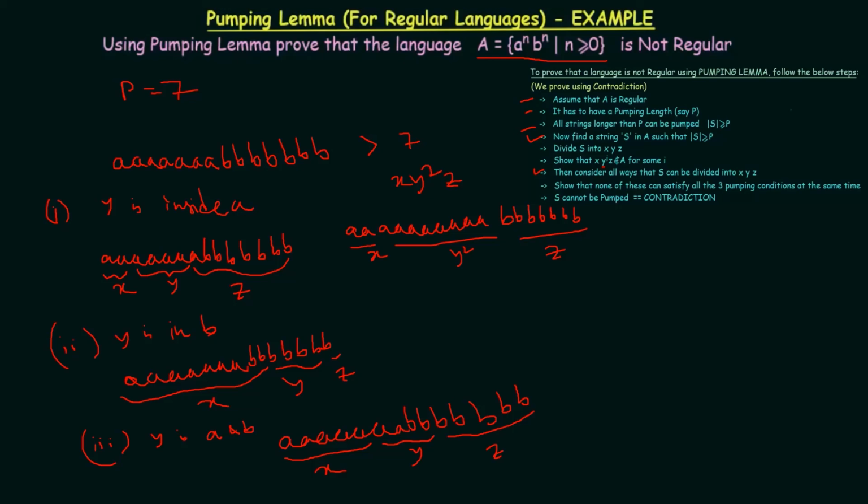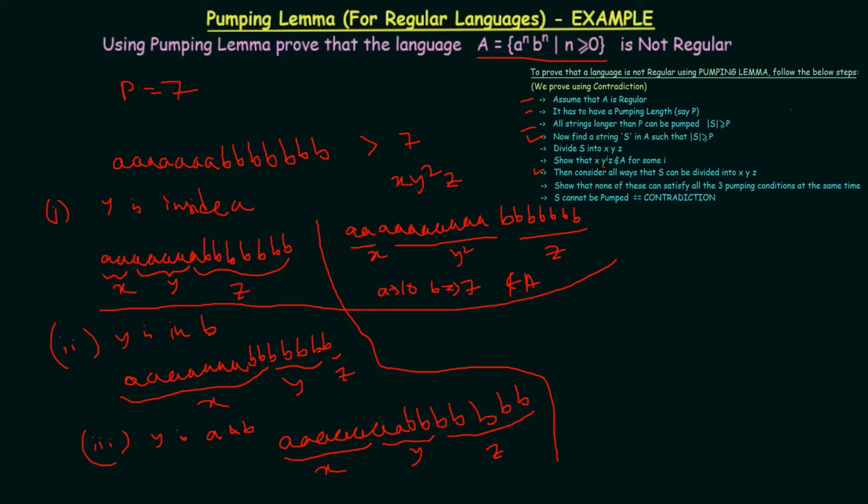The number of a here is 8 plus 2, that is 10, and the number of b is 7. So these two are not the same, so that means it doesn't belong to A. Okay, this was case number 1.